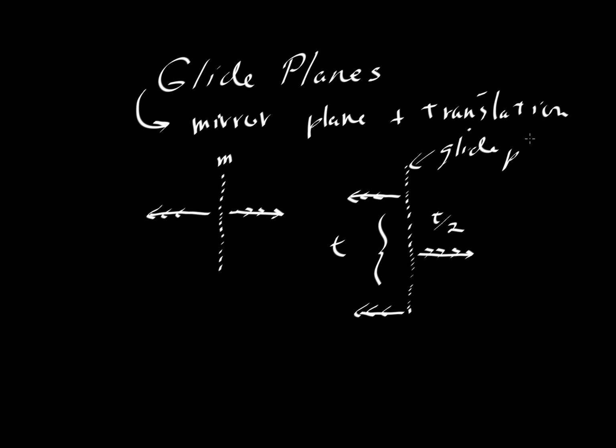But we're not going to call it G because we are going to be concerned with what direction that glide translation is happening in. So let's erase the chalkboard and go back to our standard way of setting up crystal axes with a front to back, b left to right, c up and down.